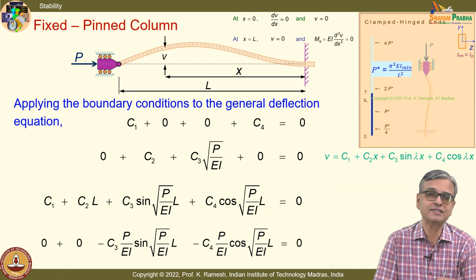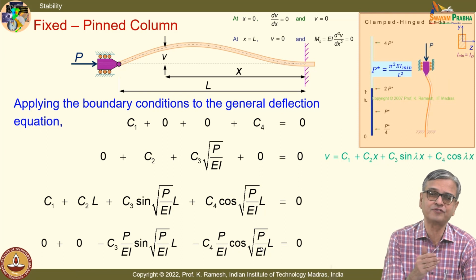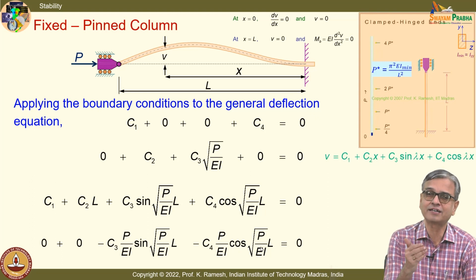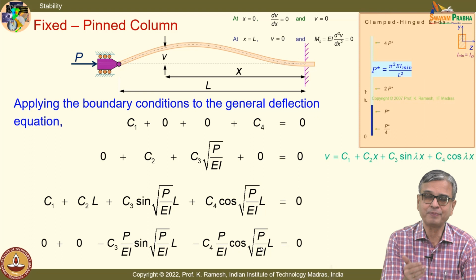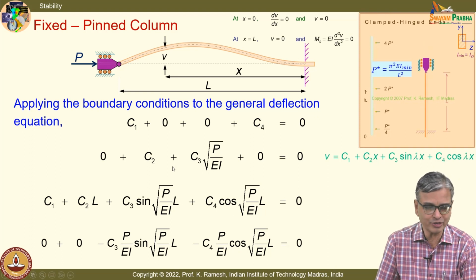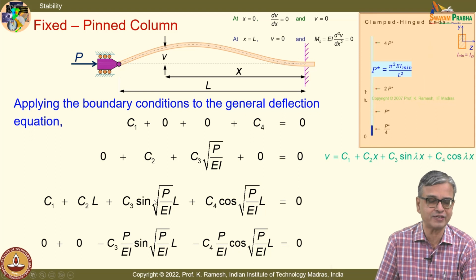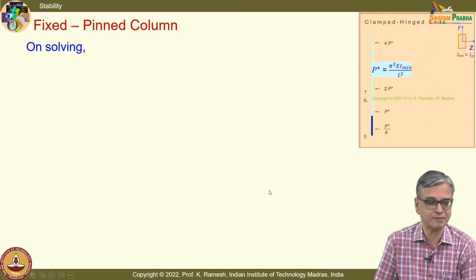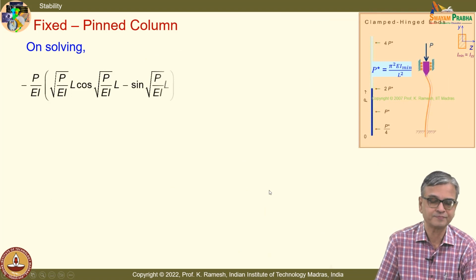See, what happens is we have handled a fixed free, that's a cantilever. The equation was simple and straightforward. When we looked at pinned pinned, the equation is also very simple. But once you come to fixed pinned or fixed fixed, the equations are a little more complex and you will have to apply your mind to solve it.